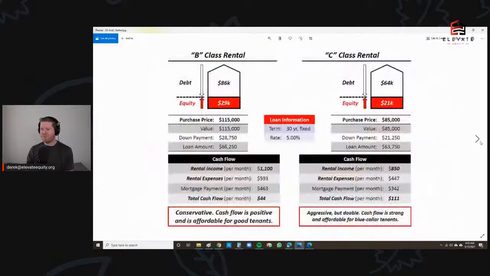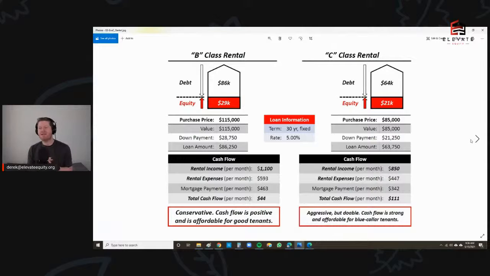Going further here, this is just a little bit more of an explanation. For those of you who are number oriented, real quick to put some numbers on here, you can see a property in an average Midwestern market that I am invested in, a C-class rental. Back when I was writing this book, you could get a C-class rental for about $85,000, and your total cash flow would be about $100 plus per month.